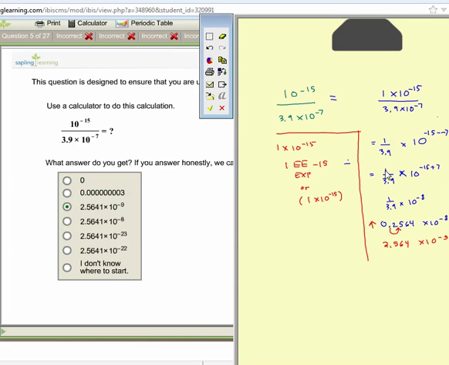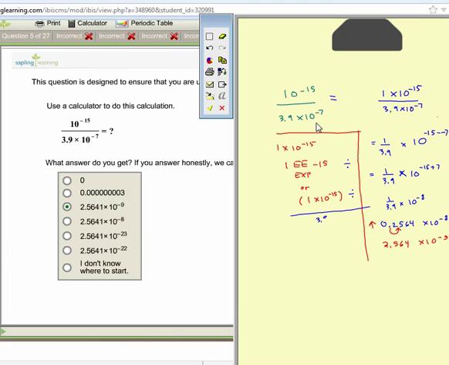Now we're going to hit divide, because this fraction bar means divide. Whether you've entered your 1 times 10 to the minus 15th this way or this way, we now hit our division symbol and enter our second number, which is 3.9 times 10 to the minus 7.